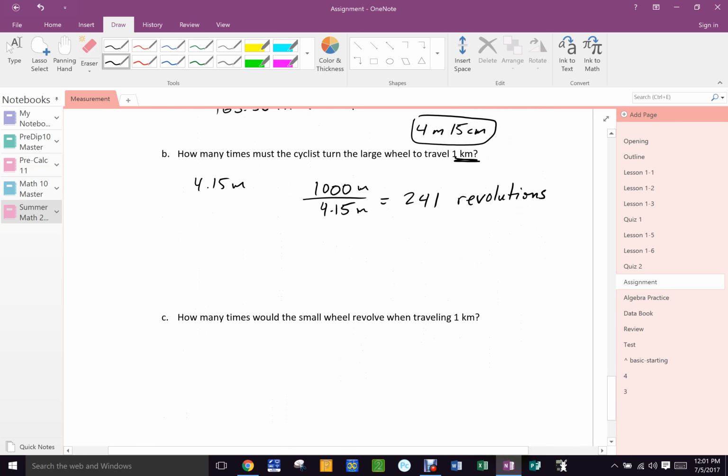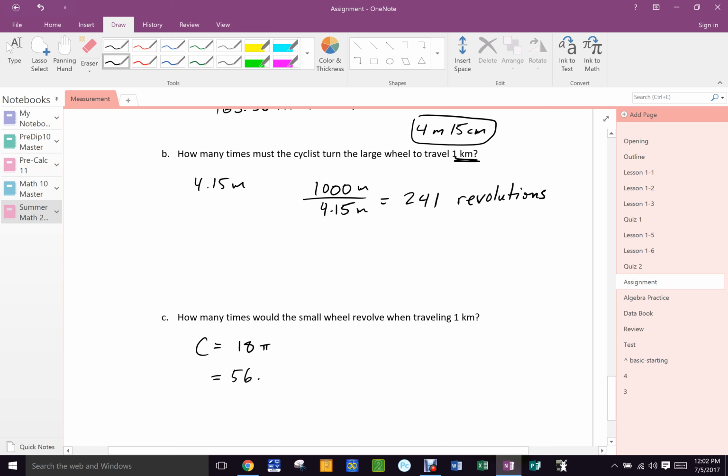And then the bottom question is the exact same thing, except it's with 18, right? So circumference is 18 pi, which is 56-ish.